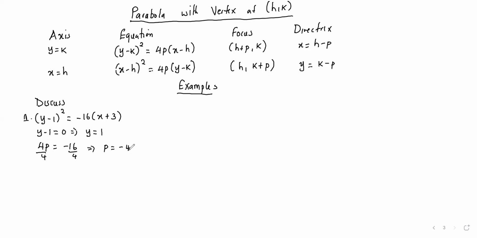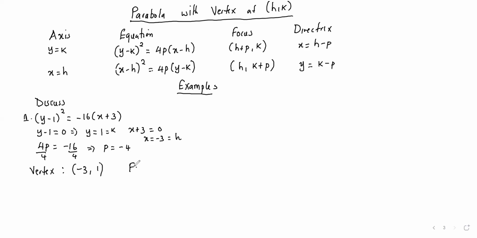Okay? And then now if p is equal to negative 4, then we must know what our h and k are. We've already known the k; for h, we equate x plus 3 to 0. So we're going to get x is equal to negative 3. So this is our h, and this was our k. Since we are putting k with y and h with x, we have the vertex at minus 3, comma 1.